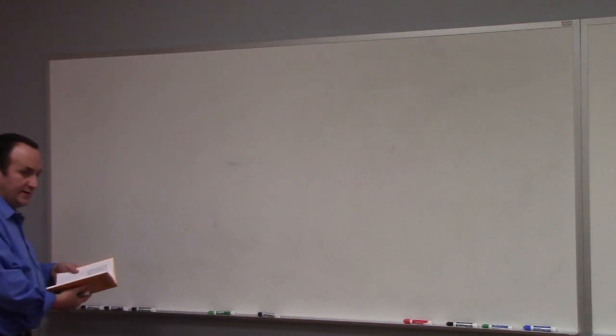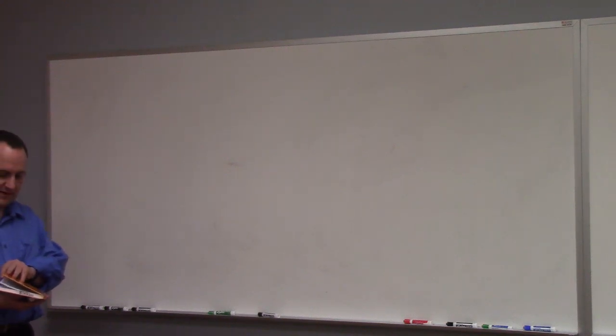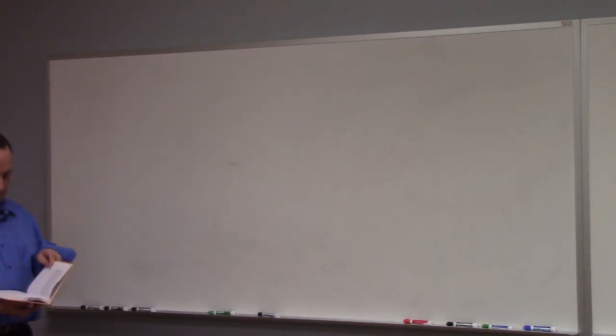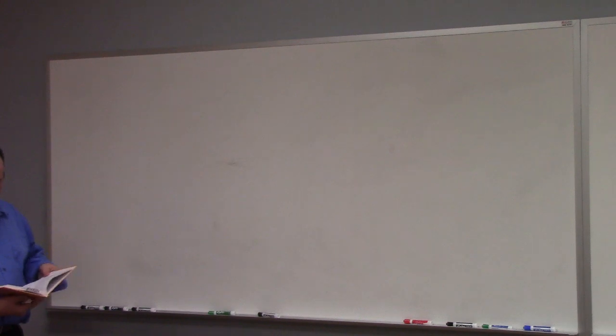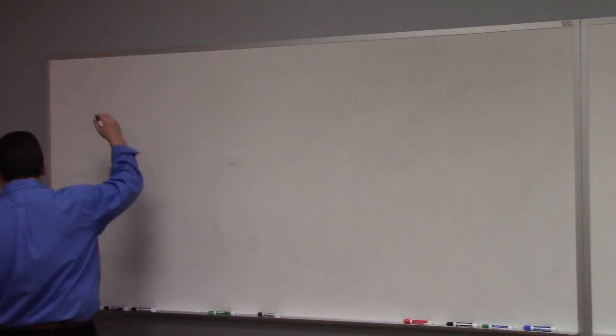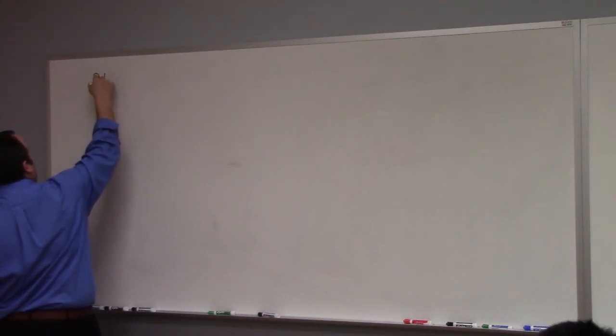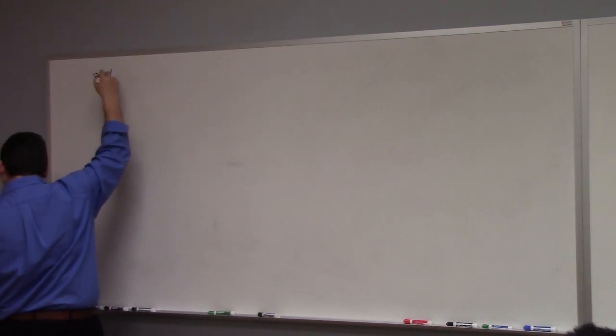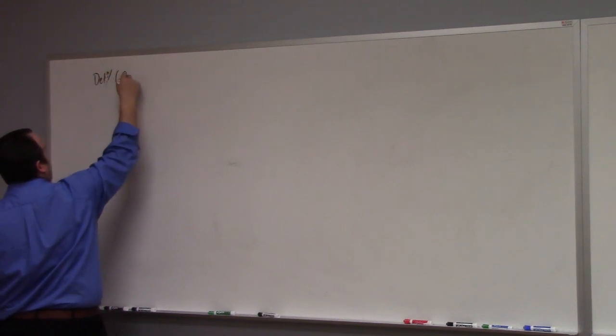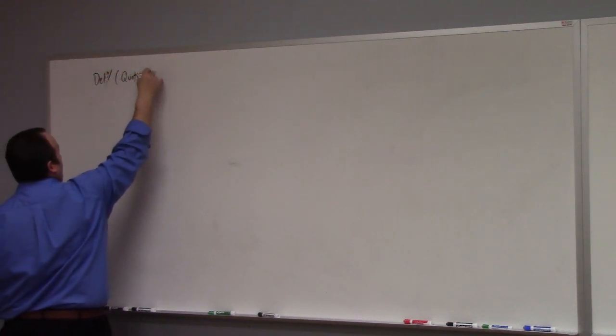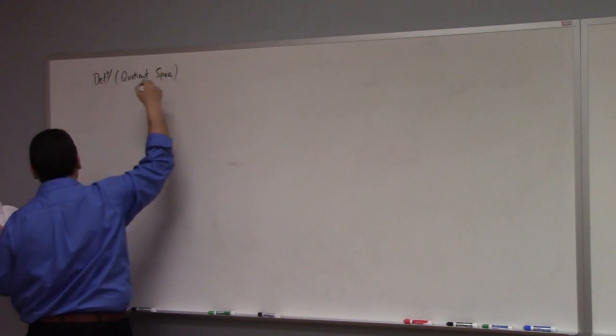This is chapter 3 in Janich's Topology, right? And I will go back to the beginning here again, because I think it helps emphasize what's going on, right? So definition, what's a quotient? Definition of quotient space, all right? What's his definition?